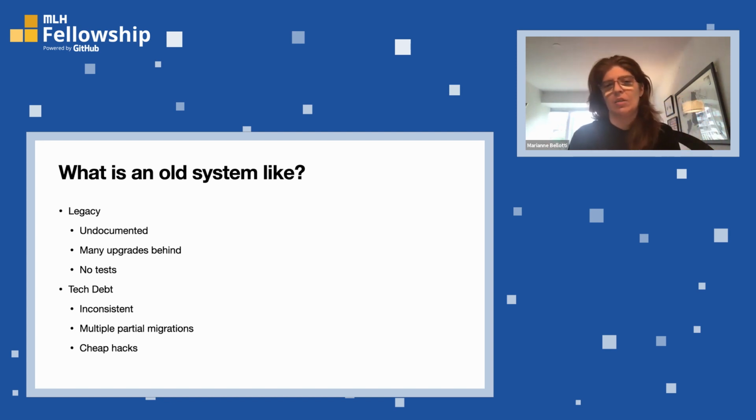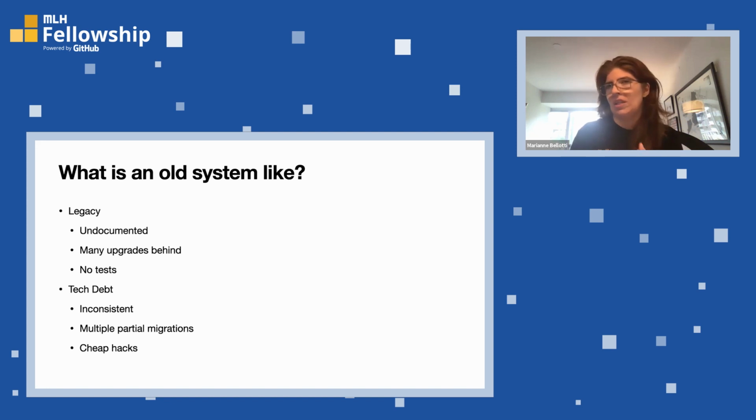A legacy system is a system that has a certain degree of consistency to itself based on the way it was originally designed, but it's simply not been updated or upgraded for a long period of time. So the problems you see that are legacy problems are things like stuff is undocumented, or the documentation has been lost, or the documentation is out of date.